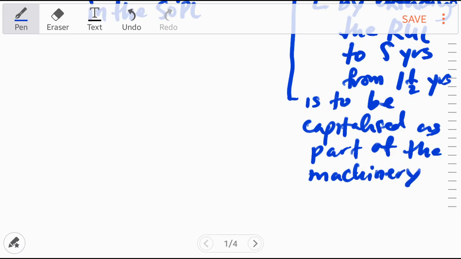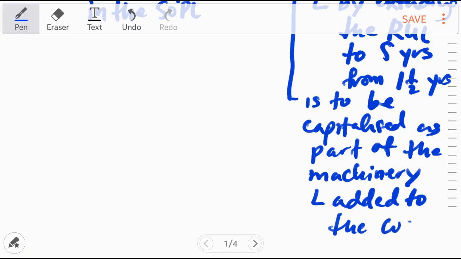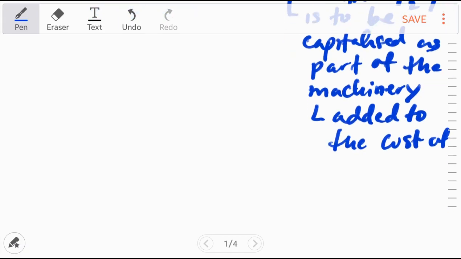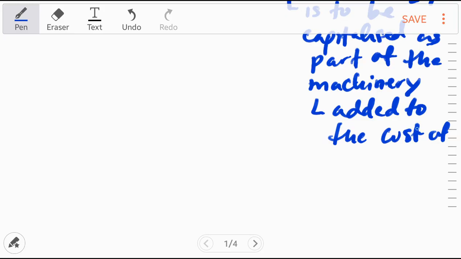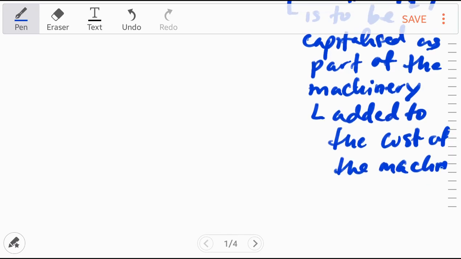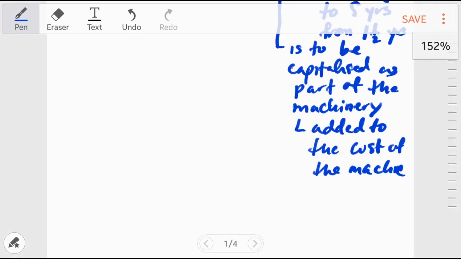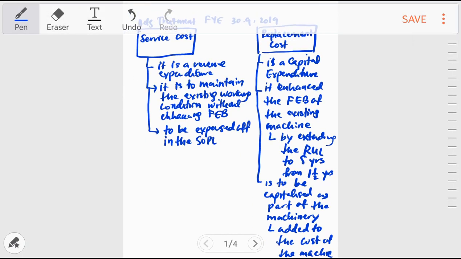The reason is because it enhanced the future economic benefits. So capitalized as part, meaning that you are going to add it to the cost of, or the fair value of, if it's using the fair value revaluation model, the machine. Okay, that's the whole thing.